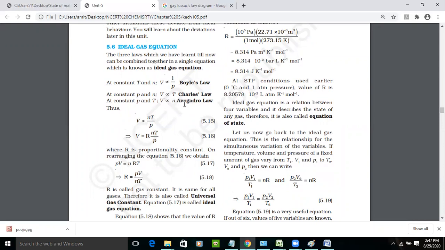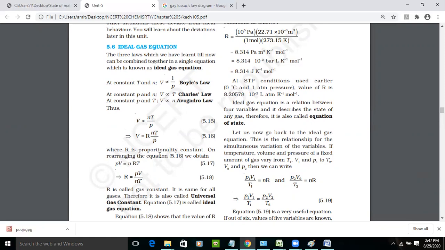And from Avogadro's law, at constant pressure and temperature, the volume is directly proportional to the number of molecules. If we combine all three, we get that V is directly proportional to nT/P. If we remove the proportionality sign and put in a proportionality constant R, V is equal to R nT/P.